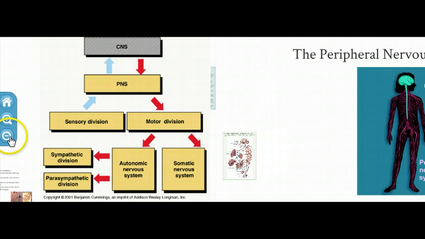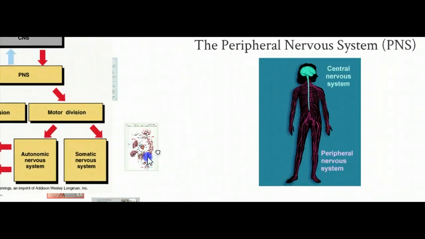Well, fight or flight is not one of these and this one. Fight or flight is all sympathetic, because you need the same thing to run away or to fight off something in your environment that is threatening you. And the parasympathetic division is the opposite.